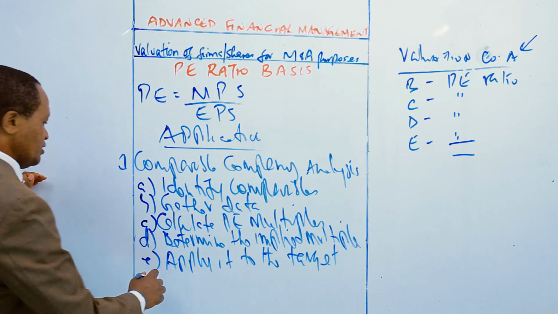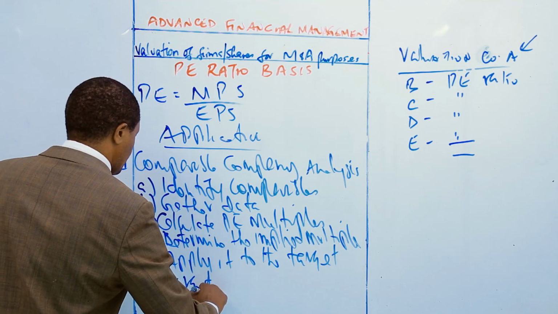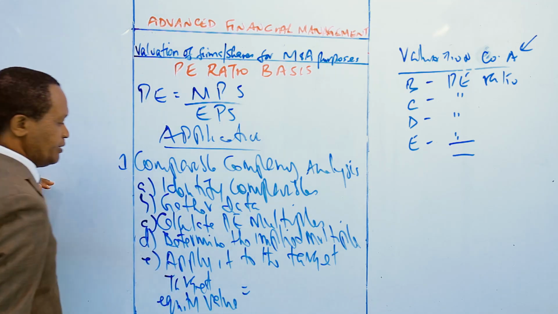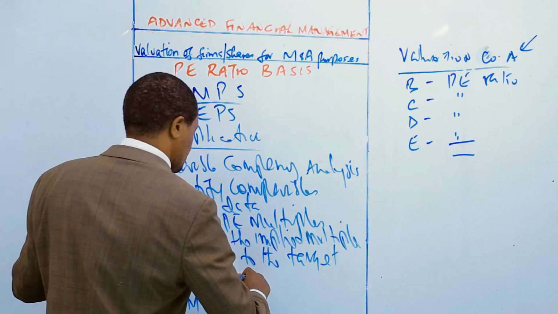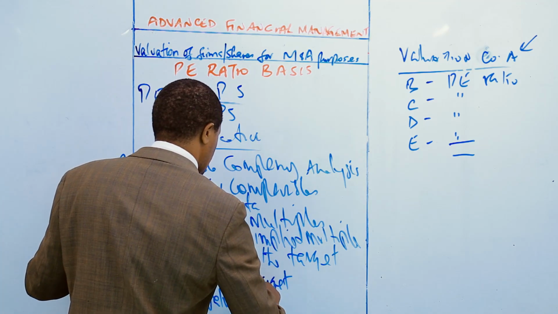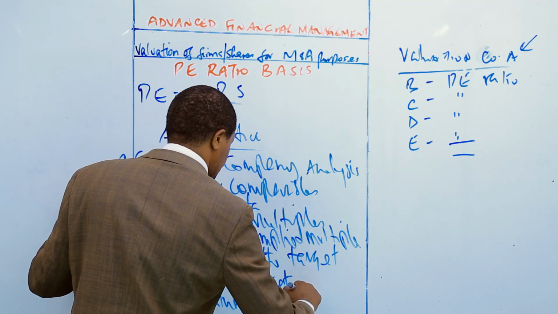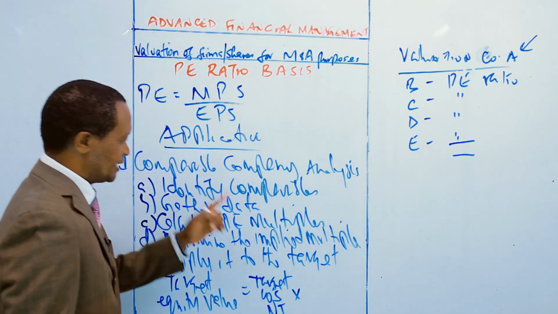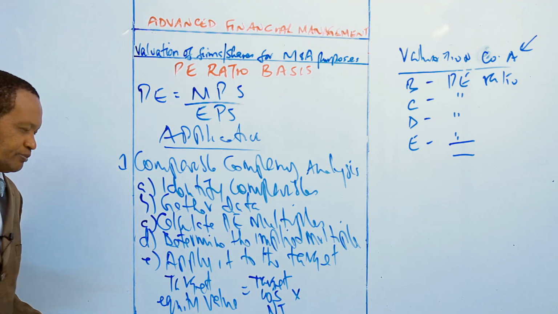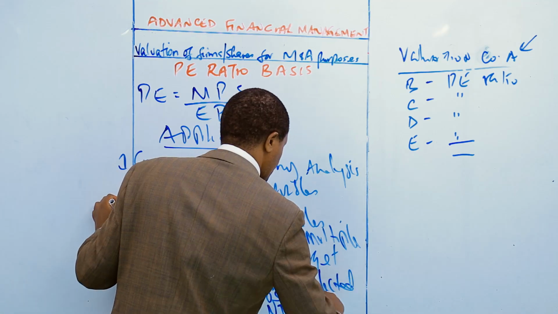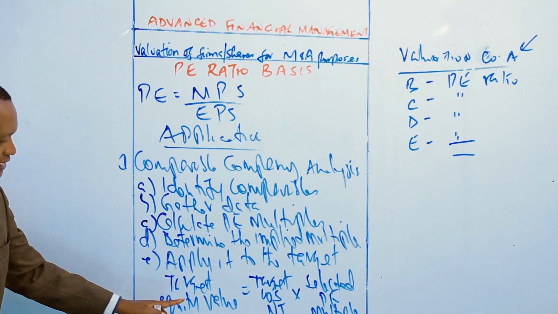The target equity value will then be equal to the target company's net income times the selected PE multiple. That would give you the target equity value.